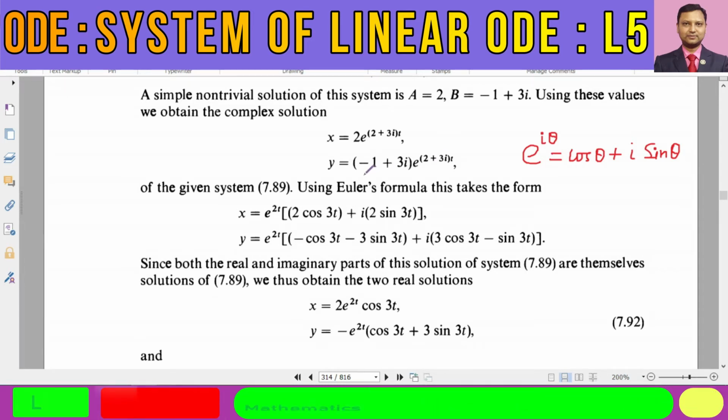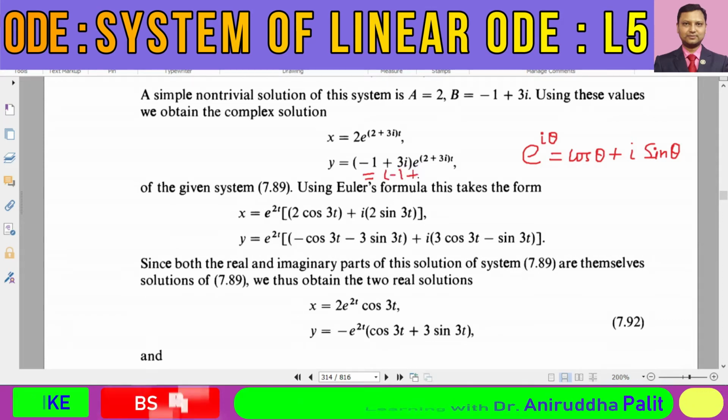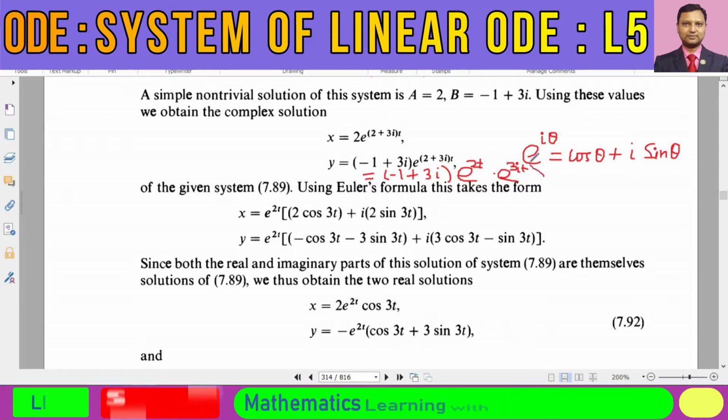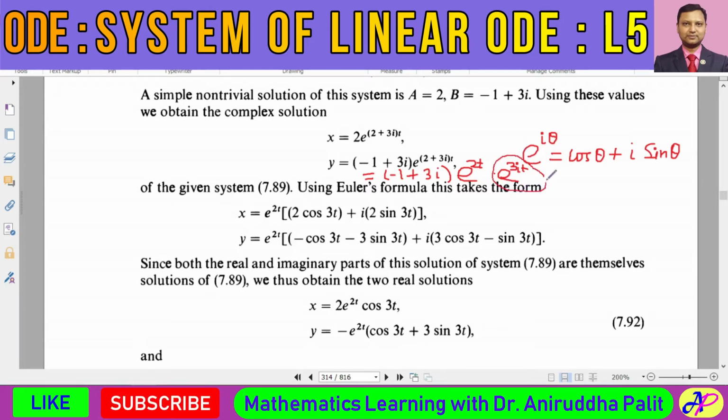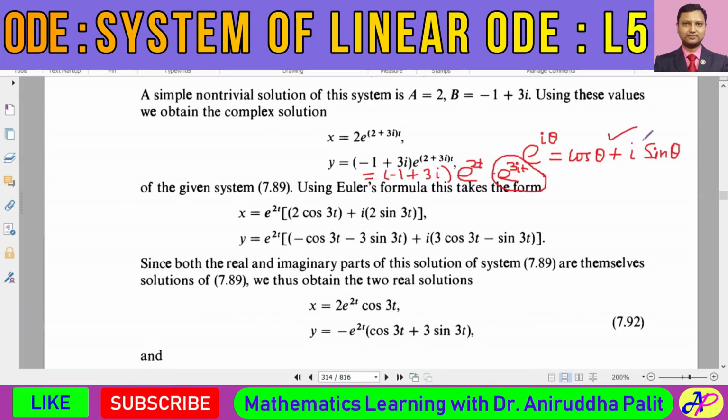Similarly, we can consider the expansion of y. This y can be written as -1 plus 3i, which is a complex number, fine, multiplied by e to the power of 2t, multiplied by again e to the power of 3it. Again, this expression e to the power of 3it can be expanded by this formula.